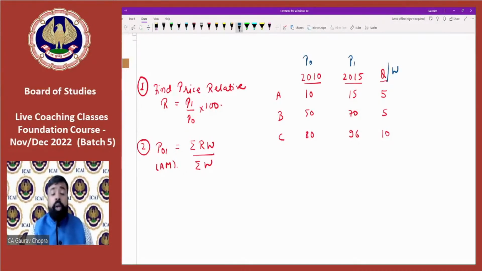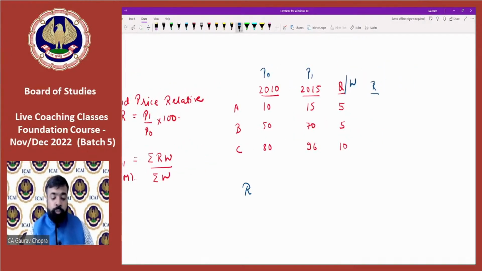Now, according to this relative method, we have to find R first. So P1 upon P0 multiplied by 100. So for R, we have to compute 15 upon 10 multiplied by 100. We are getting 150.